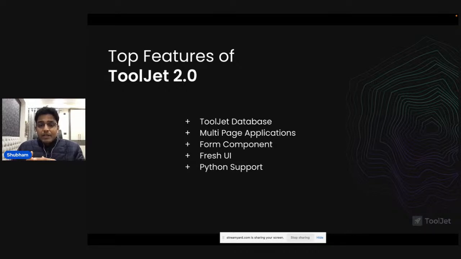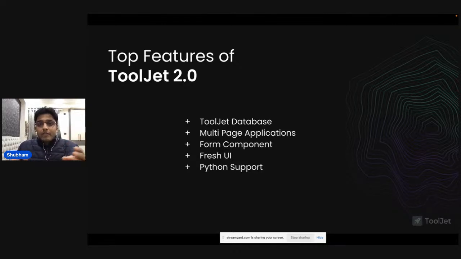Second is multi-page application. This is also one of the features which was requested a lot by our community members to build complex applications. Right now, every ToolJet application has only one page where you can arrange various components, using various elements like tables, forms, buttons, and so on.